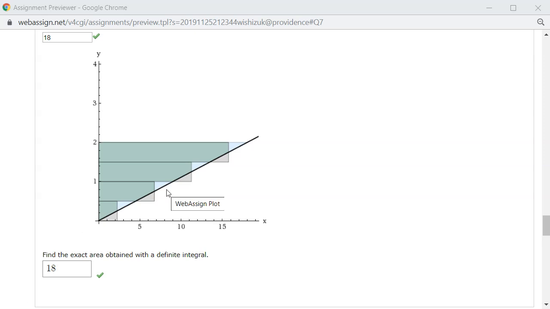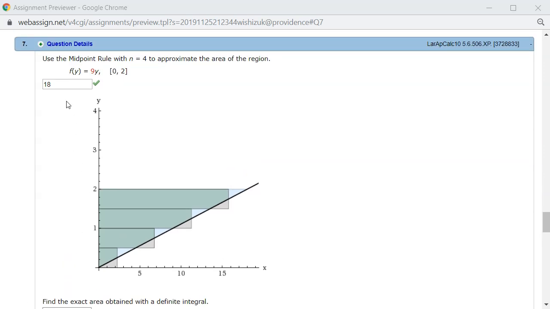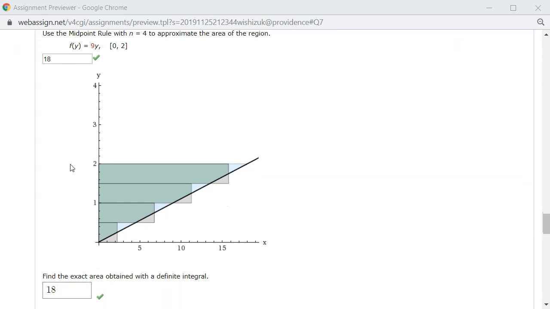You might be surprised that the approximation was exactly the same as the exact area. The reason is this. Using this rectangle, you're missing this much area, but you have this extra here, which happens to be exactly the same. So you're missing a little bit, but you have this extra to compensate.